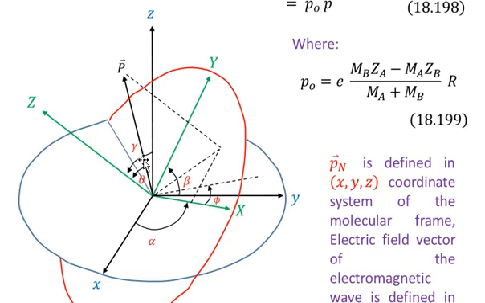Similarly, I have shown the angle gamma between the small z axis and the capital Z axis. So you can rotate the small z axis by an angle gamma to coincide it with the capital Z axis.